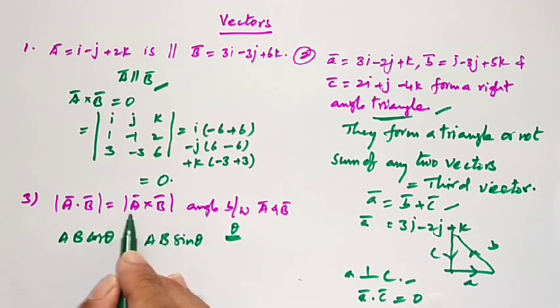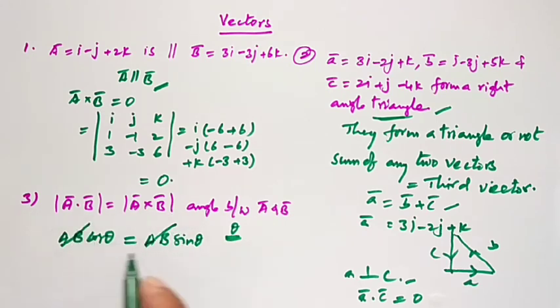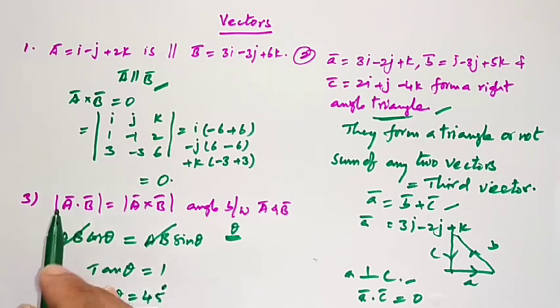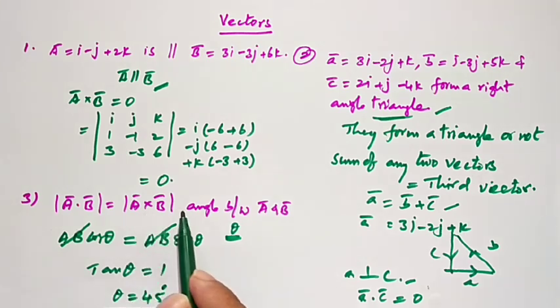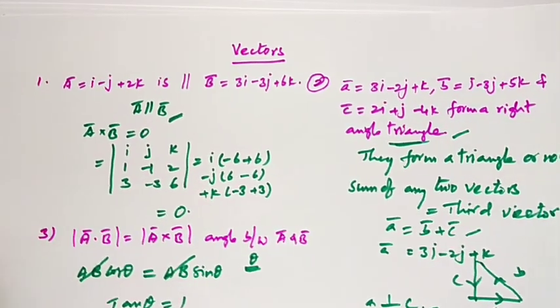But he is asking only the magnitude, so AB sin theta. Now AB gets cancelled. Then we can write tan theta is equal to 1. When tan theta is 1, theta is equal to 45 degrees. So when A dot B is equal to mod A cross B, the angle between A and B is 45 degrees. Clear? Right.